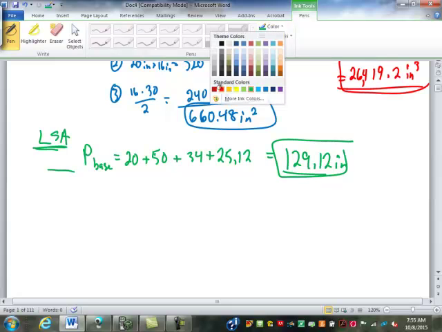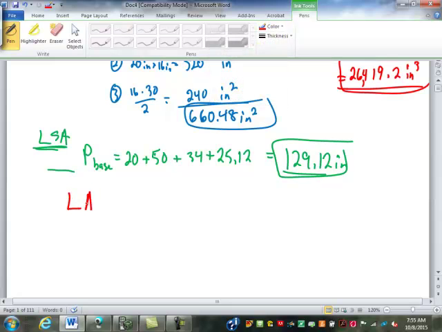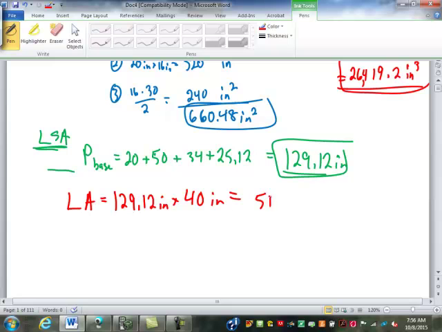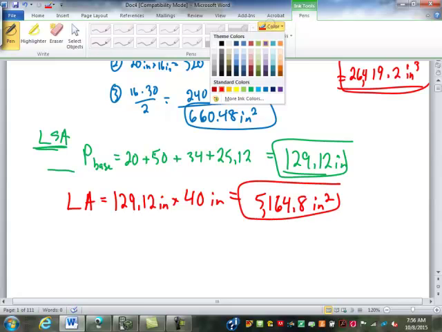So now how do I use that to find lateral area? My lateral surface area is the perimeter of my base times the distance between bases. That's 5164.8 inches squared. That's my lateral surface area.